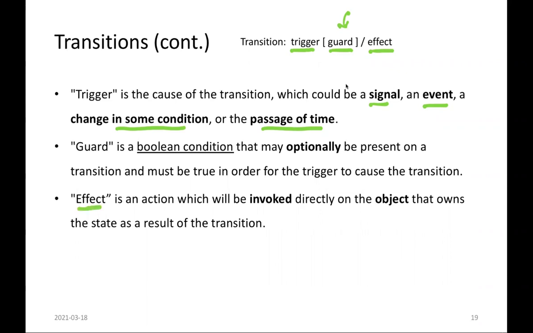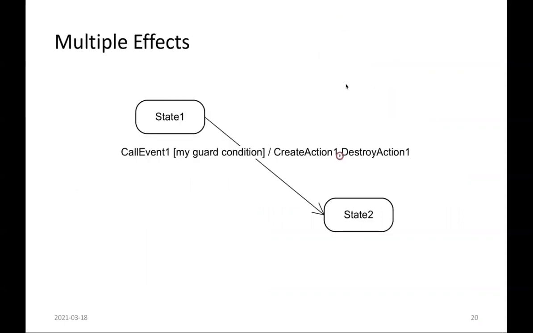Finally, the effect, which is a component in describing the syntax of a transition in the state machine diagram, is the final action that will be invoked directly on the object that owns the state as a result of the given transition. As a matter of fact, we could have multiple effects, and if we have multiple effects in one transition, you just use a comma to separate them.